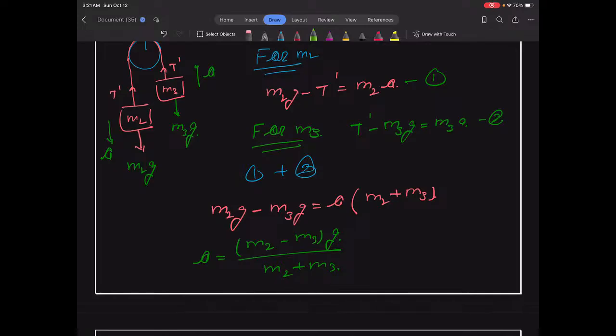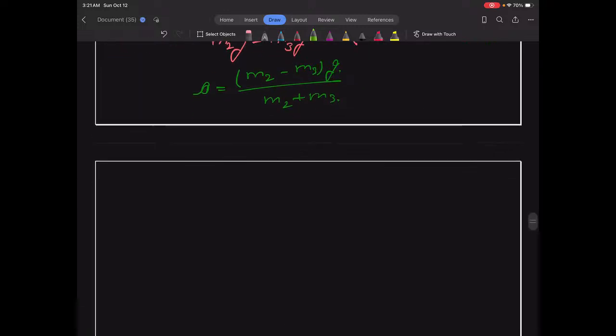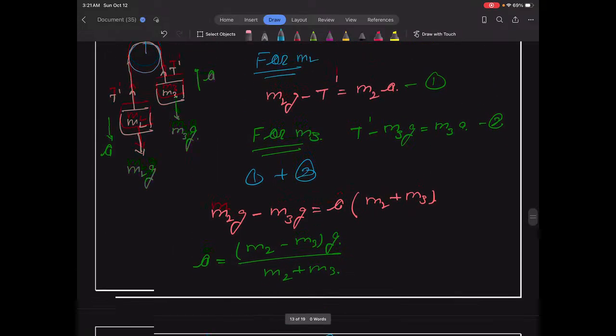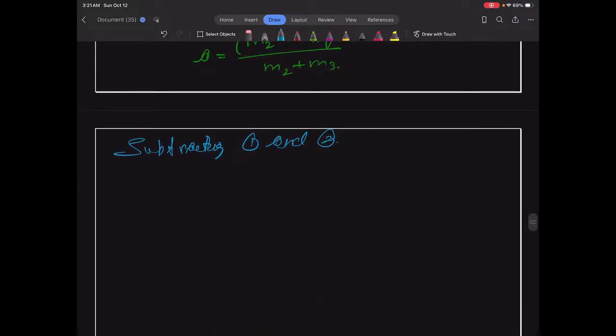We can use either the first or second equation to find the value of T, or we can do it otherwise. Let us subtract the equations to get the value of T, which is much more convenient. So subtracting first and second, let me write it here.